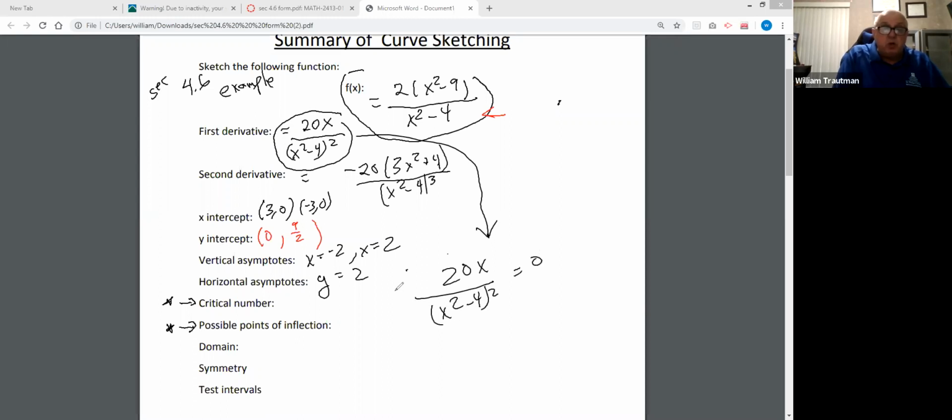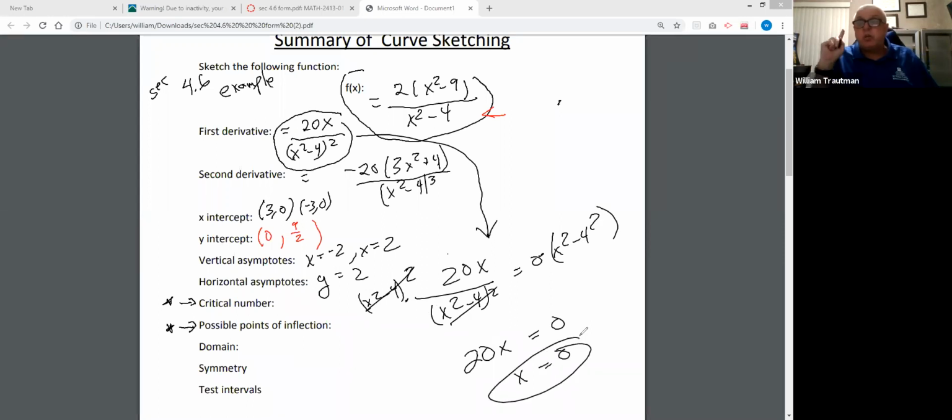If you multiply both sides by the bottom, x squared minus 4 squared, I'm just left with 20x equals 0. 0 times this is still 0. Divide by 20 and x equals 0.